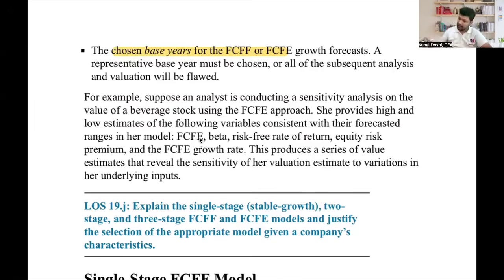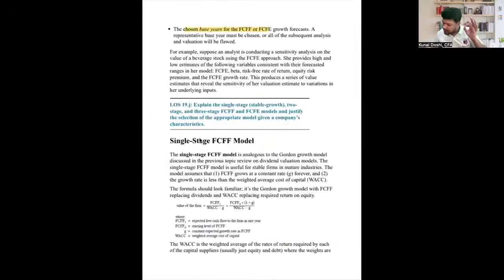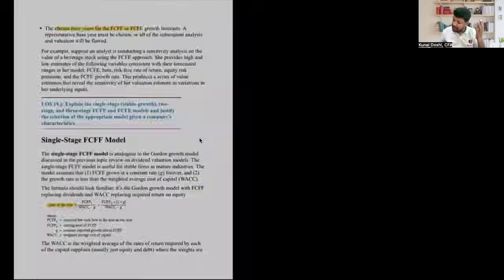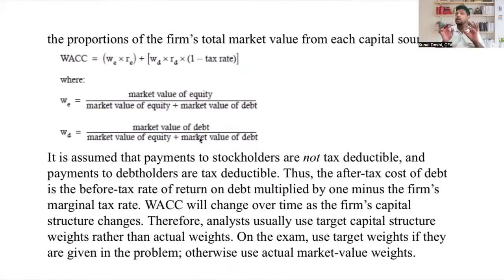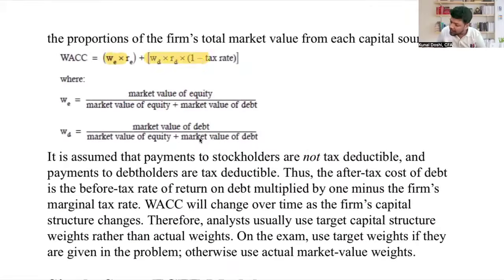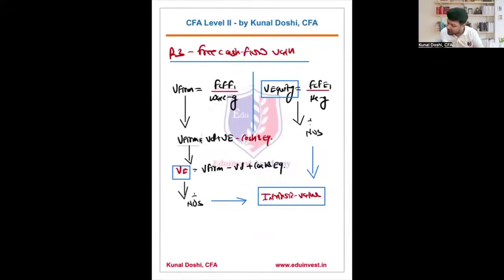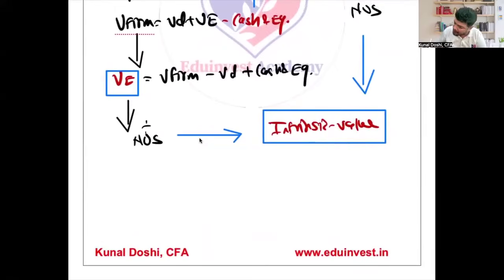Got it? One more thing I would like to highlight here: they have given you the single stage value of the firm, which we've already covered. Remember, when you're doing the WACC calculation, these weights are based on market values. So my WACC is weight of debt into after tax cost of debt plus weight of equity into cost of equity.